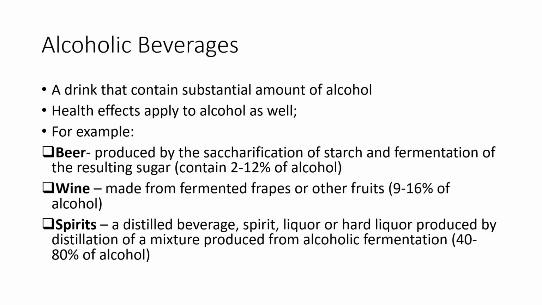Beer is produced by the saccharification of starch and fermentation of the resulting sugar, which contains 2 to 12% alcohol. Wine is made from fermented grapes or other fruits, and it contains 9 to 16% alcohol. Spirits are distilled beverages, or liquor or hard liquor, produced by distillation of a mixture produced from alcoholic fermentation, and this contains 40 to 80% alcohol.